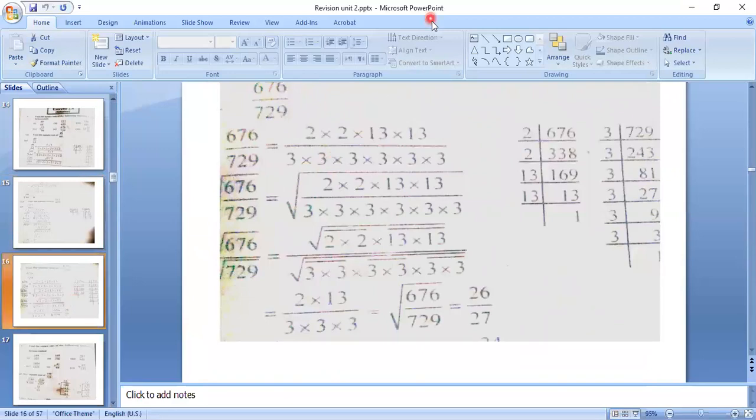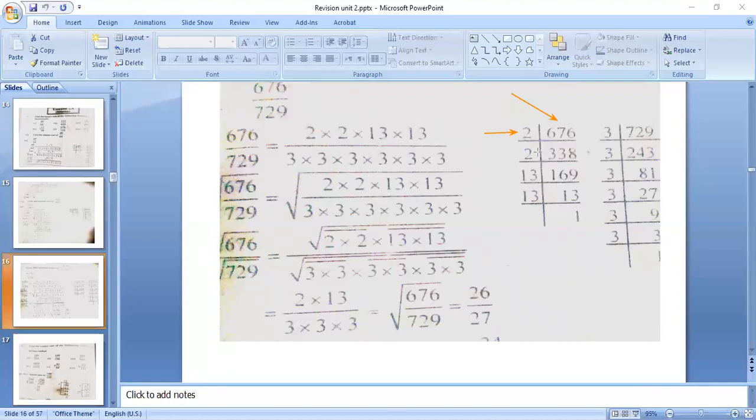This is the third part, 676 by 729. So 676, first of all we will find its prime factors. We write 676 as it is an even number, so we start with 2. 2 is the only prime number which is even.